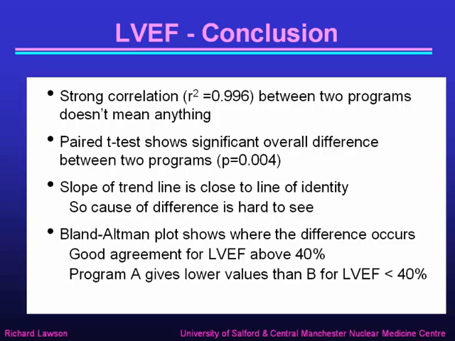But if we use the Bland-Altman plot, then that highlights where the difference occurs, and it shows that there is good agreement for LVEF above 40%, but program A gives a lower value for LVEF at less than 40%. So that's how the Bland-Altman plot can be very useful in showing differences in agreement between two measurements of the same thing.